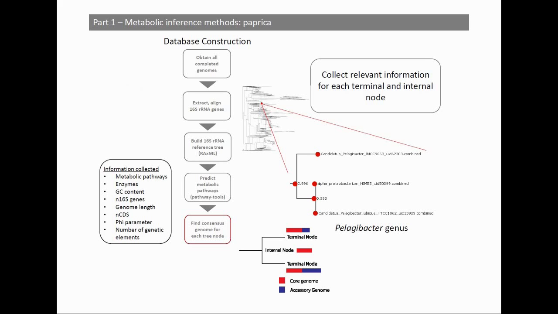So we know what the genetic content is out here at the terminal nodes on the tree. For these 2 internal nodes, we simply use the consensus. We use all of the enzymes and pathways that are shared. For example, here, it would be shared by all 3 genomes. For this point, by just these 2 genomes.